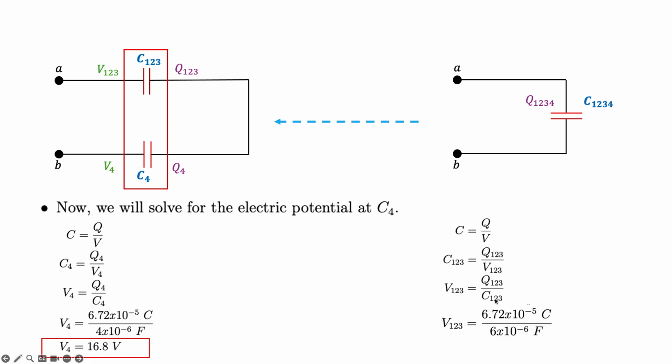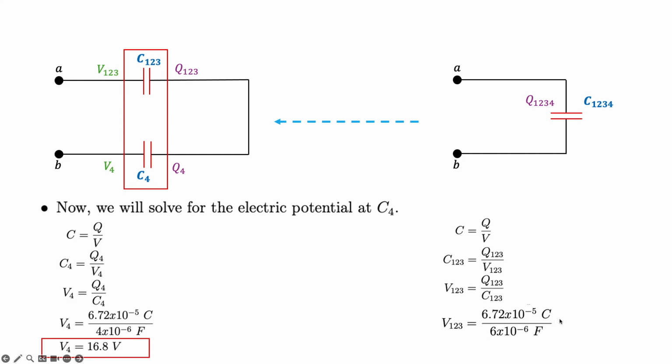Notice that we still use the same value, 6.72 times 10 to the negative 5 coulombs. This is the same as the charge at Q4 because, again, these are connected in series. So whatever charge you have over here at Q1234, it must be the same charge that is stored on these two capacitors since they are in a series network.